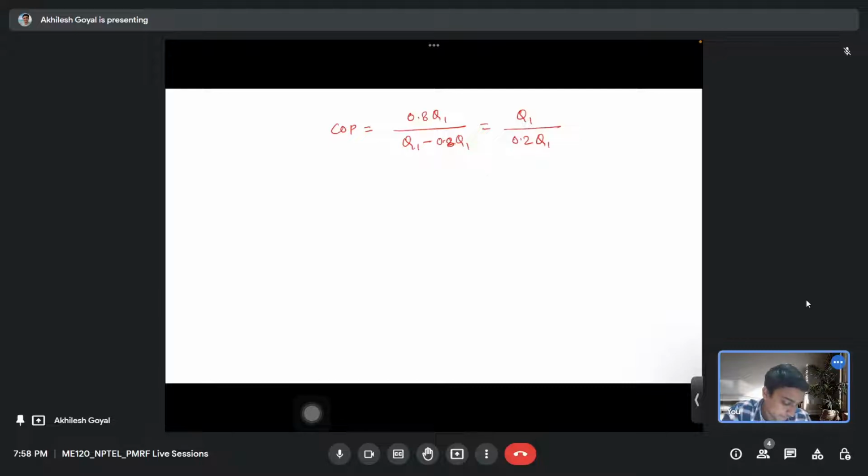Solving it, 1 upon 0.2, that is 4. So COP is 4. That is our answer.